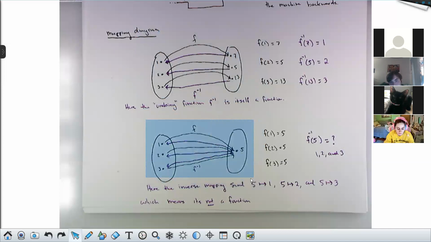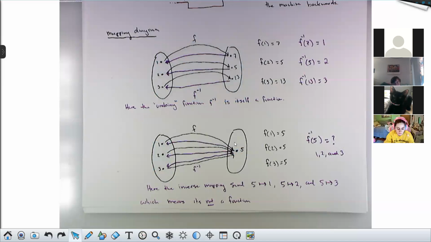This guy down here, the black, the original function going from left to right, is called a 3-to-1 mapping, because I've got 1, 2, 3 different inputs all getting mapped by the black function to the one output 5. So the functions that we can invert are the 1-to-1 functions.